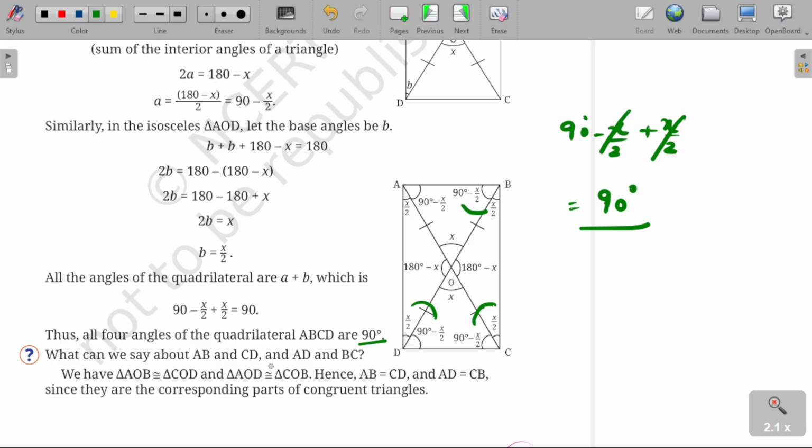And what about the sides? About the sides, it's again about CPCT, corresponding parts of congruent triangles. You have these four triangles congruent. Then by CPCT, the corresponding sides will also be equal.